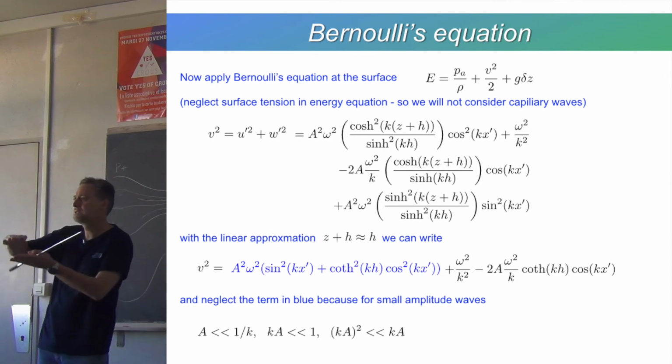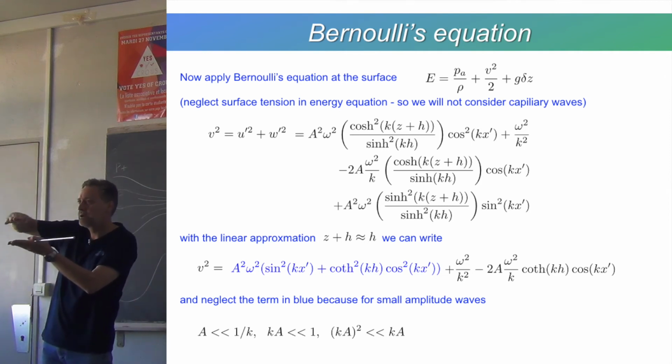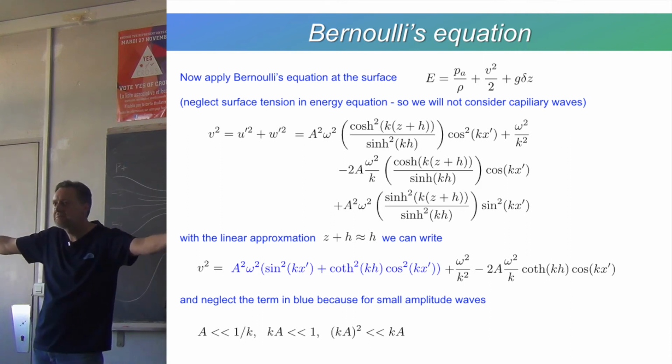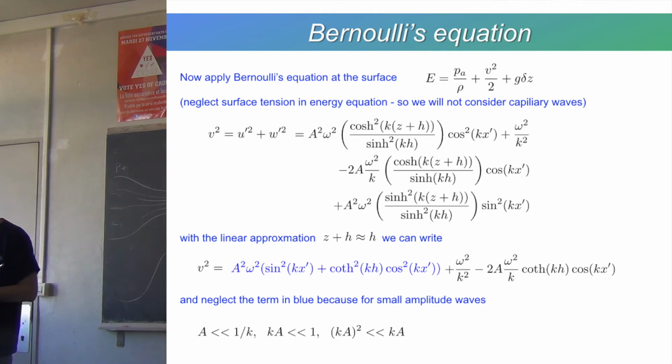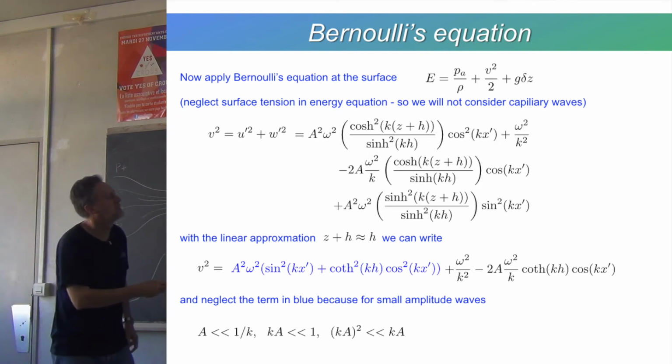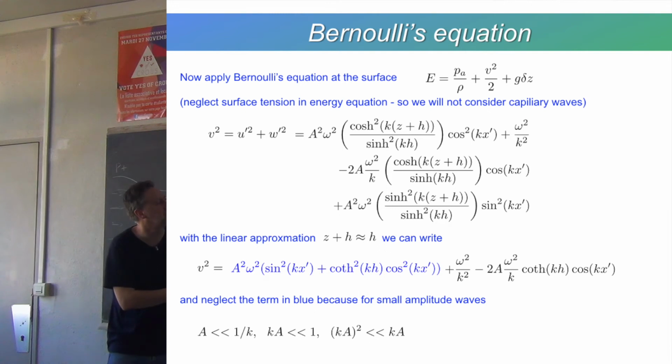So that means that not only is the amplitude small compared to the depth of the fluid, it's also small compared to the wavelength. And it's a separate assumption that we can apply separately. And so that means that A is much less than 1 over k, which means that ka is much less than 1, and ka squared is much less than ka.